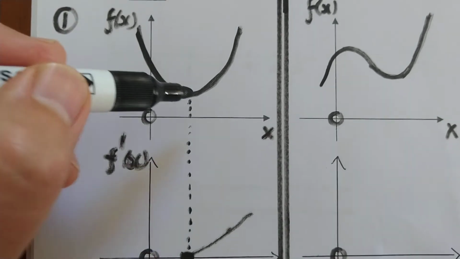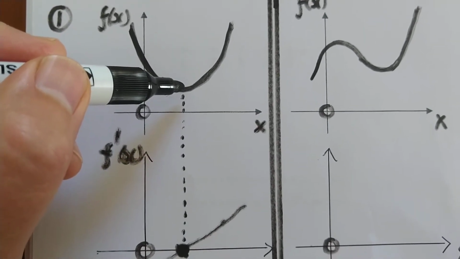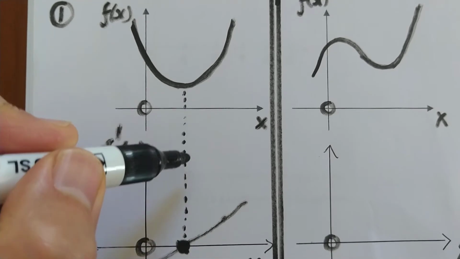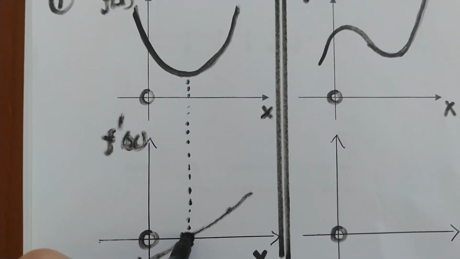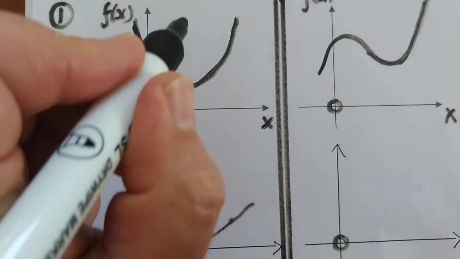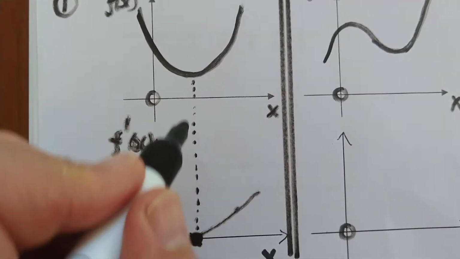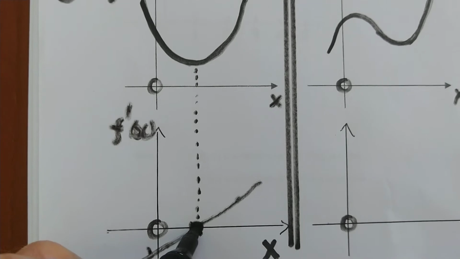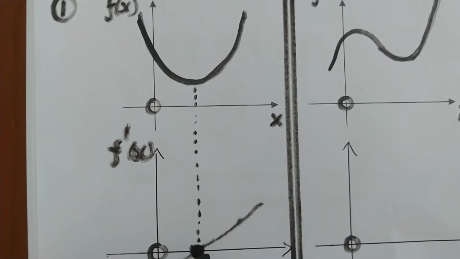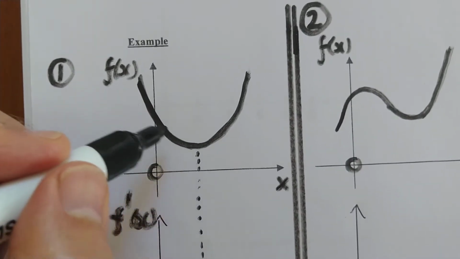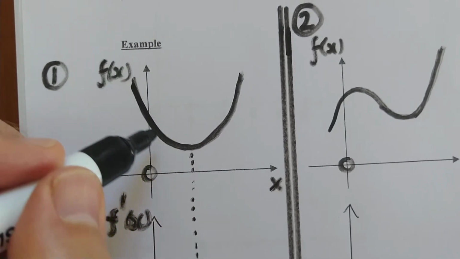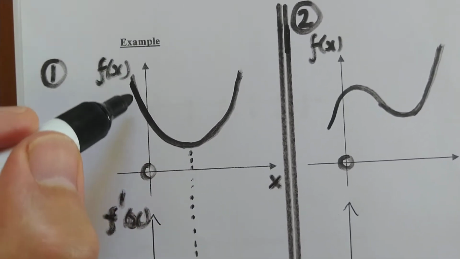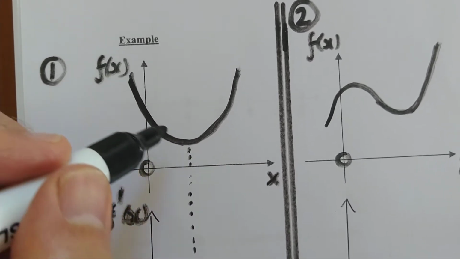Start with the stationary points. I know at this point the gradient is 0. So exactly in line coming down here, if my y coordinate here is measuring the gradient up here, the gradient here is 0. So on here my y coordinate is 0. What do I know about to the left of my stationary point here? The graph is coming down the whole way, so I know that here the gradient is negative.